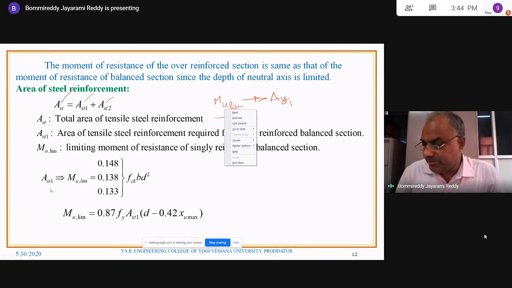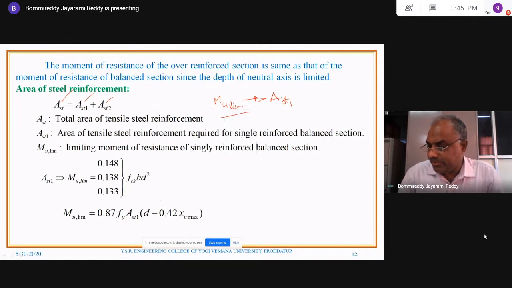Okay. So Ast1 is based on this. And once you know the Mu value, 0.87 fy Ast1 into d minus 0.42 Xu, by using this particular equation, you can find out the Ast1 value. Ast1 can be obtained by equating Mu limited. Mu limited will be equal to the moment due to tensile steel reinforcement, and accordingly you get the value of Ast1.